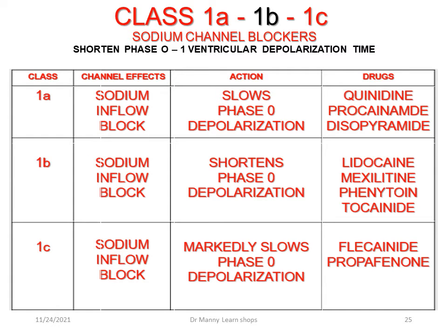Class 1A sodium channel blockers consist of quinidine, procainamide and disopyramide, and essentially they block sodium inflow, which slows phase 0, which is depolarization. Class 1B, lidocaine or lignocaine, mexiletine, phenytoin or tocainide, shorten phase 0 of depolarization, also affecting sodium inflow.